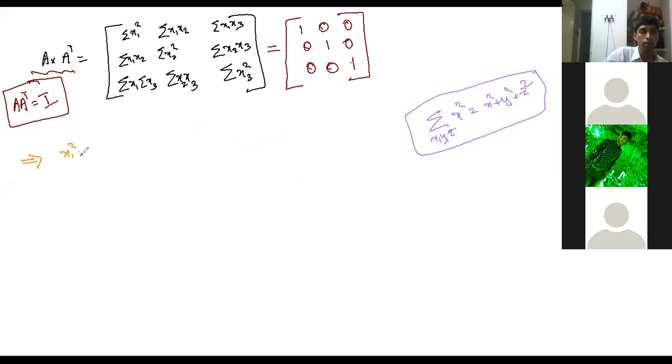That means x1 square plus y1 square plus z1 square equal to x2 square plus y2 square plus z2 square equal to x3 square plus y3 square plus z3 square, equal to what should it be? 1. Where did this result come from? Where did this result come from? From here, right?